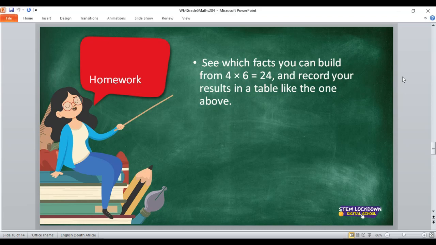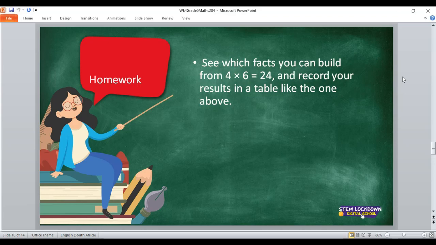Now, the last pattern that I've noticed here is that if you multiply 400 by 6,000, you are able to get 2,400,000, right?